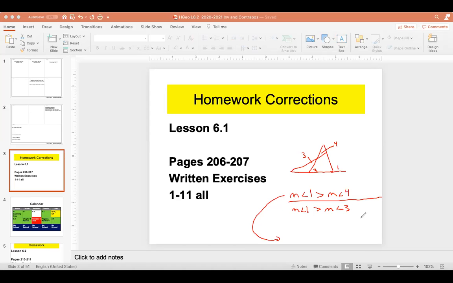Theorem 6-1, the same thing we just used. Then I could say that the measure of angle 2 is bigger than the measure of angle 3 for the same reason.